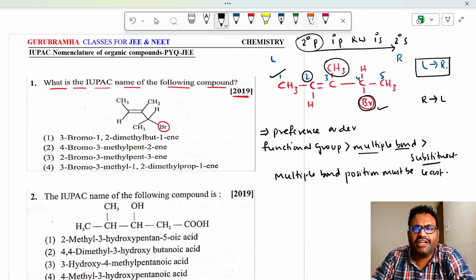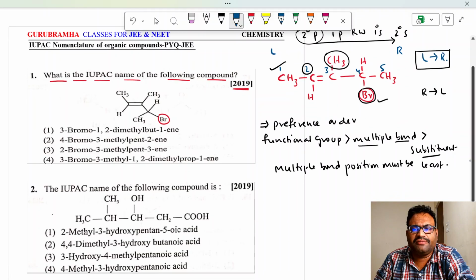Let us write the name of this compound. What will be the secondary prefix? This one is starting with M, methyl group. This is bromo.